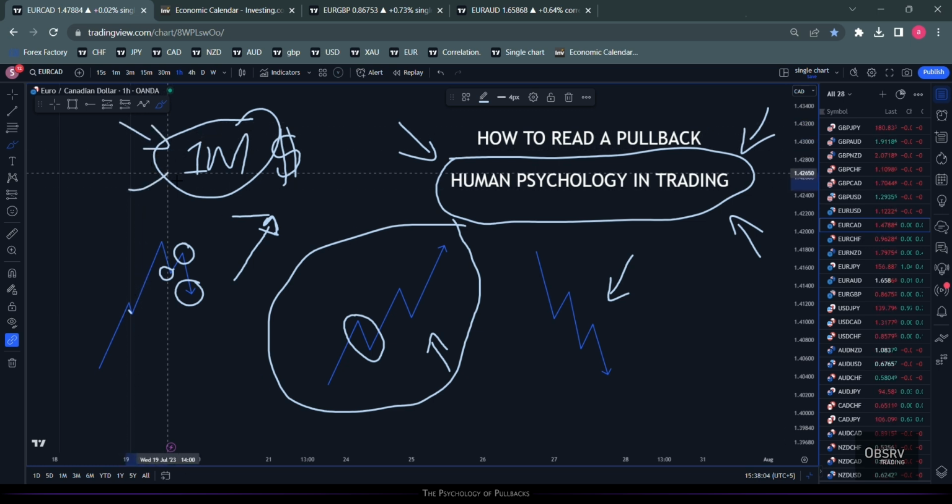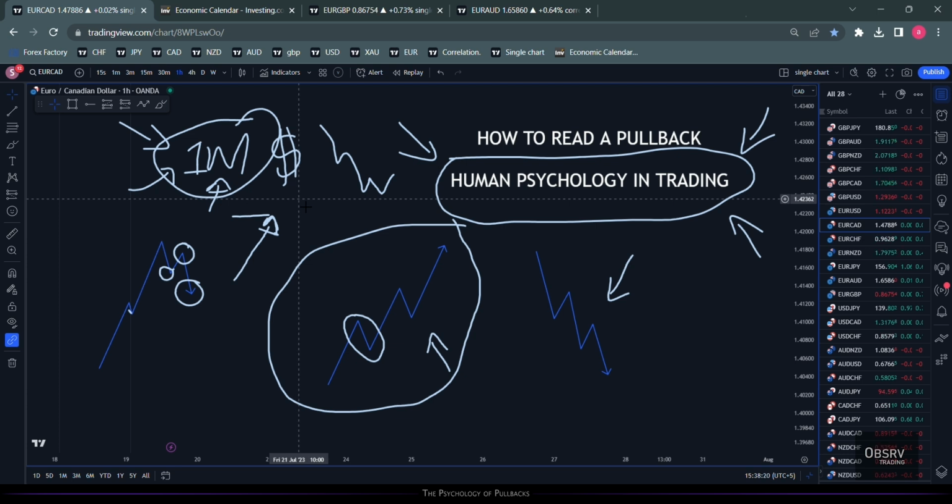What matters is, are you willing to spend this much money to buy that car, or are you going to wait for the prices to come down a little bit? In other words, we call it a discount. This is exactly what a pullback is.